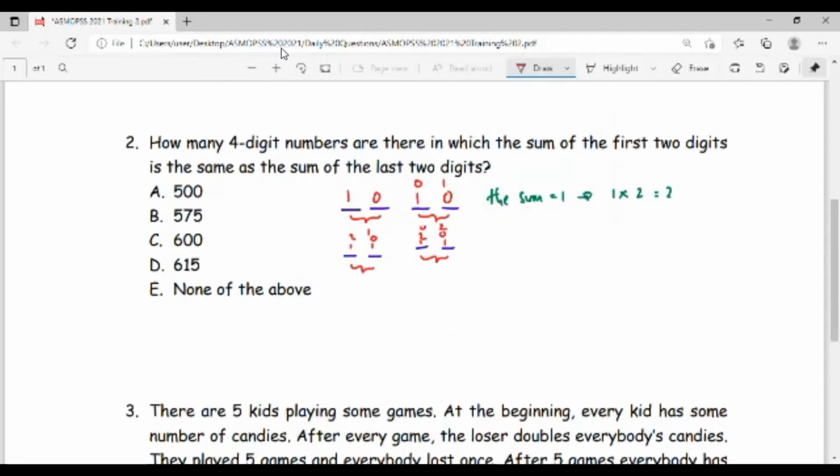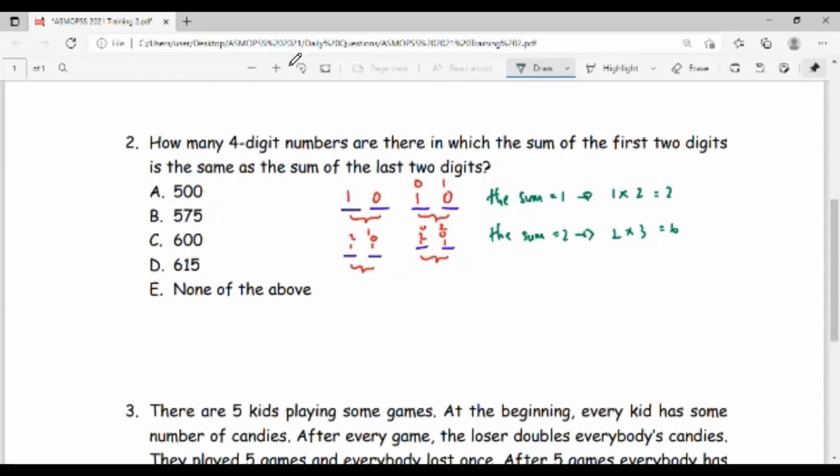So now you see that when the sum is 2, the number of combinations we have is 2 times 3, which is 6, because it can be 1, 1, 1, 1; 1, 1, 2, 0; 1, 1, 0, 2; or 2, 0, 1, 1; 2, 0, 2, 0; 2, 0, 0, 2.